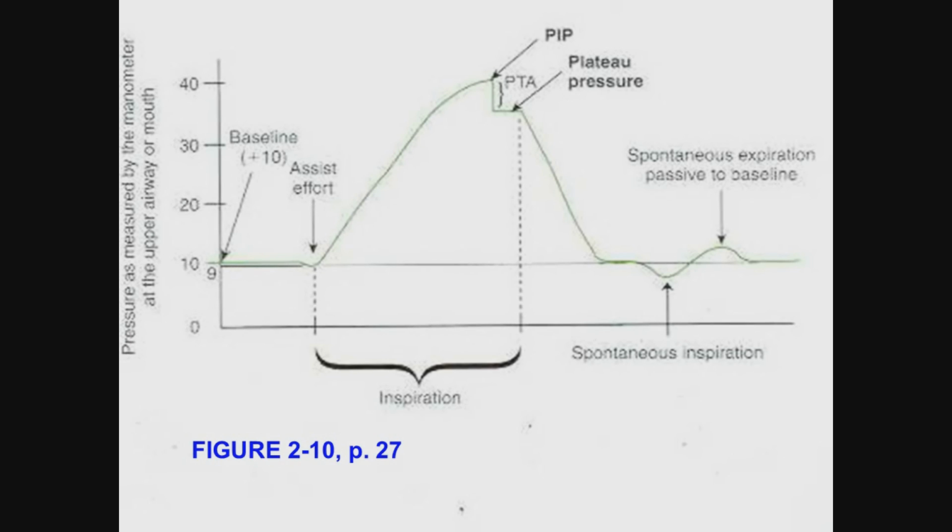So the inspiratory plateau is part of the inspiratory phase. We can call this the inspiratory flow phase and the inspiratory plateau phase. If you don't have a plateau, then all you have is inspiratory flow.